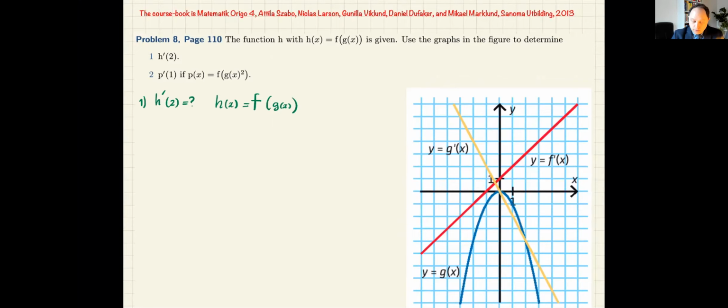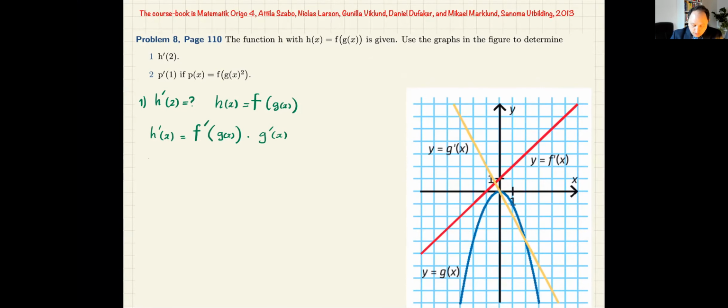If I want to find the derivative of a function at a given number, the first thing I have to do is to differentiate the function, and then at the end replace the x in the derivative with the value given, okay? But when I want to differentiate function h, I have to use the chain rule. So the chain rule tells me that this is the derivative of f calculated at g of x, but then I need to remember to multiply by the derivative of g of x. This is what the chain rule tells me, yes?